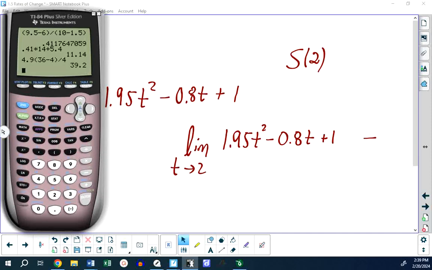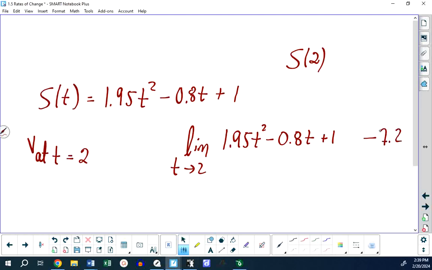So 1.95 times 4, that's 2 squared, minus 0.8 times 2 plus 1. Did anybody else get 7.2? Okay, so it's minus 7.2. And this is over t minus 2.